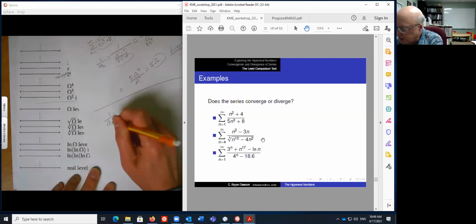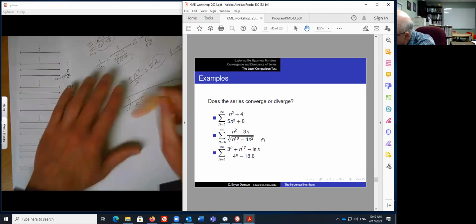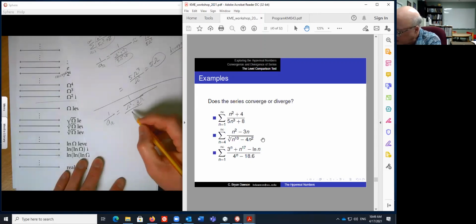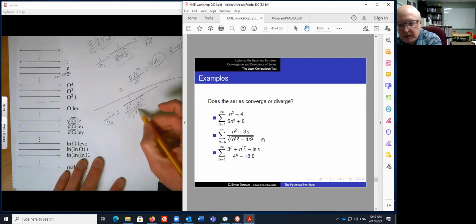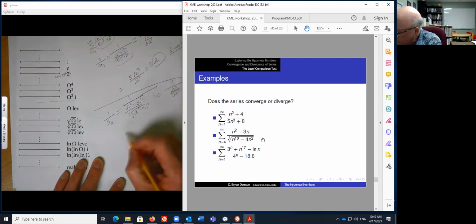So on that one in the middle, you would have 1 over your omega squared minus 3 omega divided by cube root of omega to the 10th minus 4 omega squared. But when you approximate, you can get your omega squared over cube root of omega to the 10th.